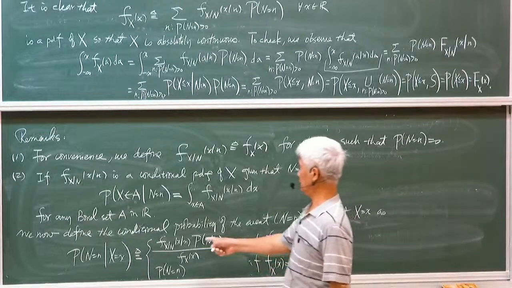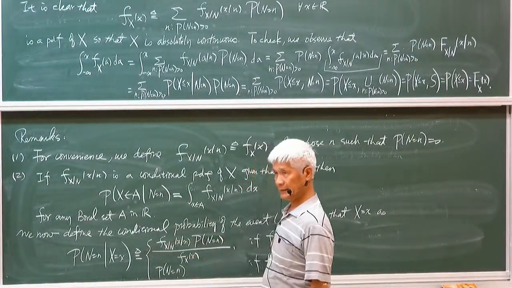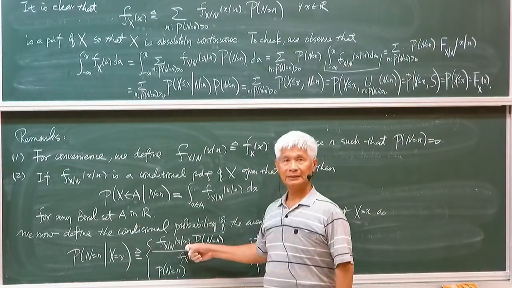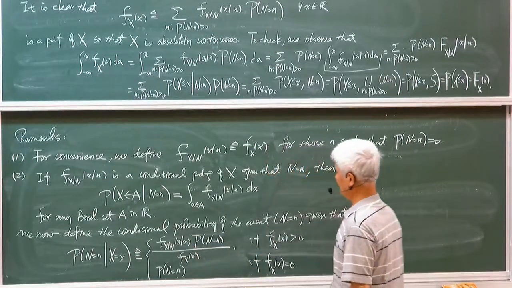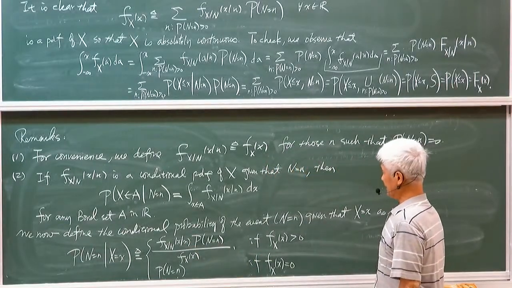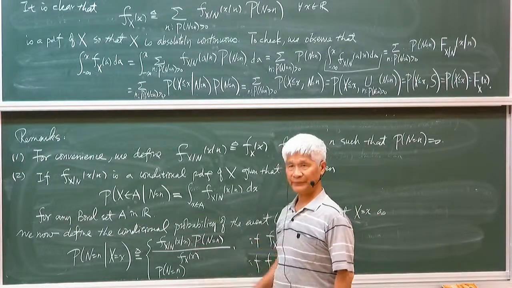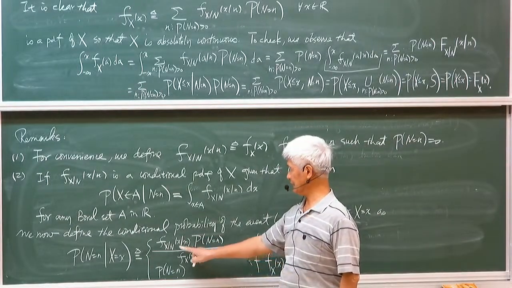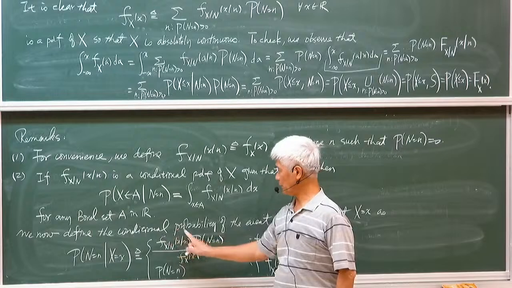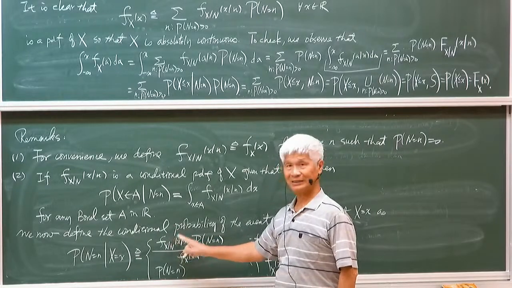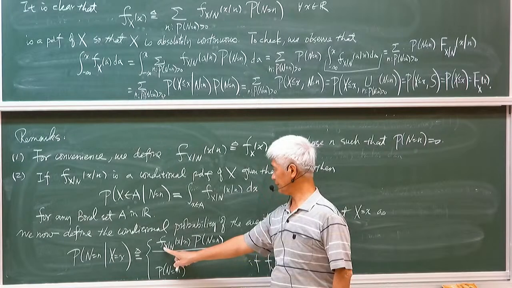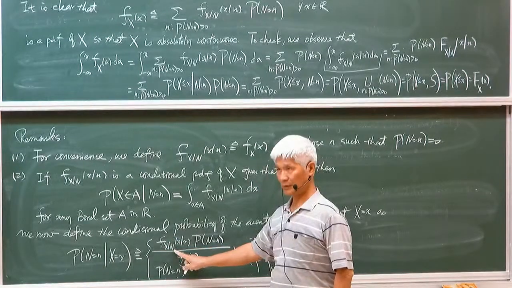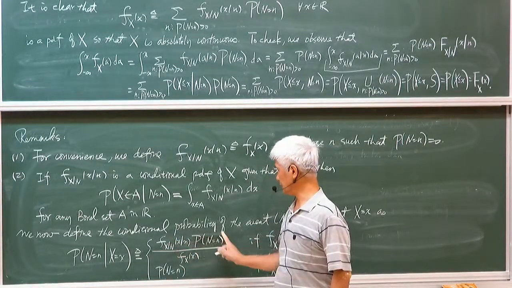Okay, so the numerator is the conditional PDF of random variable X given discrete random variable N times the probability.